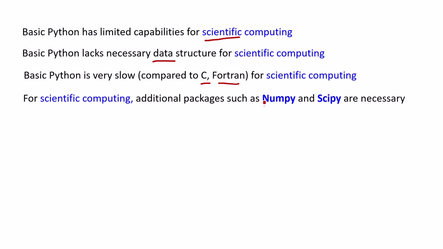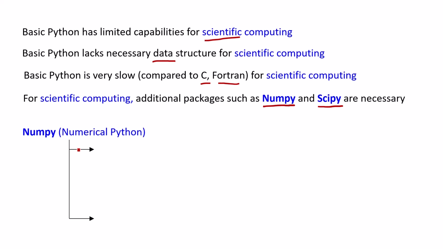Especially important are numpy, that is numerical Python, and scipy, that is scientific Python. We'll discuss scientific Python later on in this course, but right now we'll talk a bit about numpy or numerical Python. Without numerical Python, it is impossible to do any scientific computing in Python.